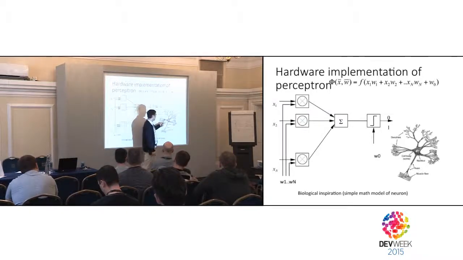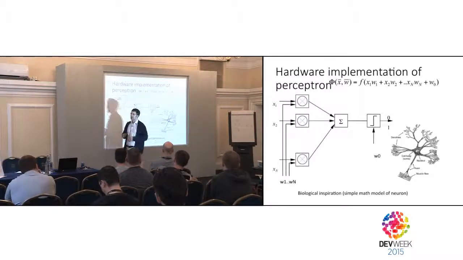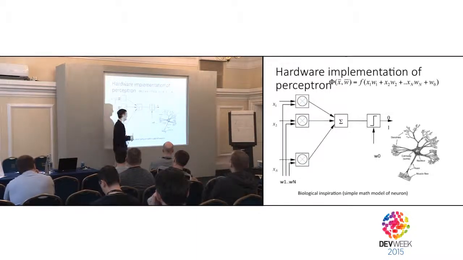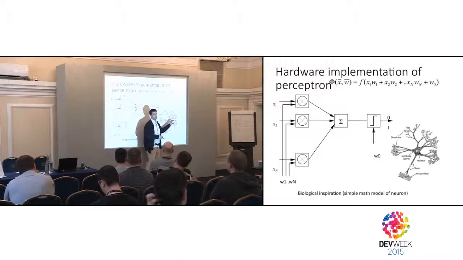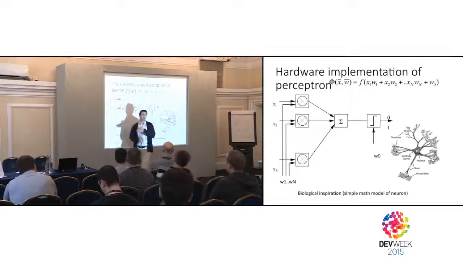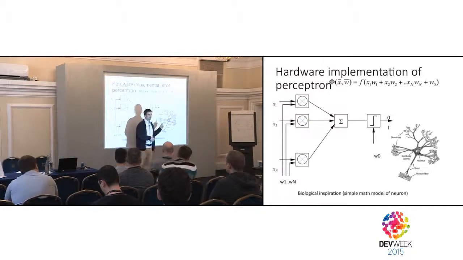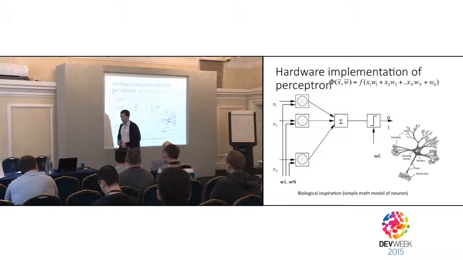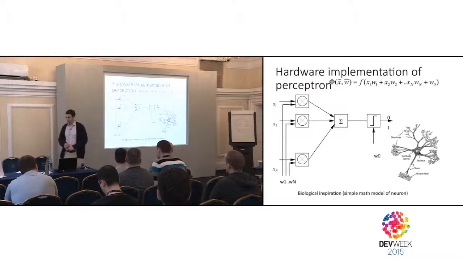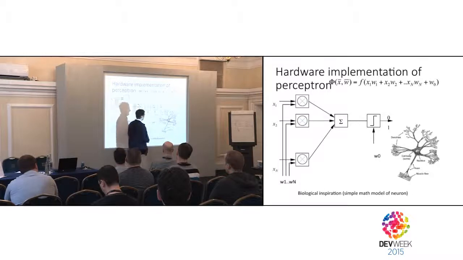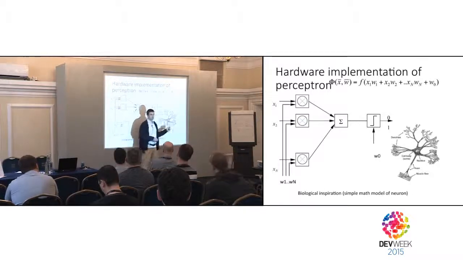And the way a neuron works is that it sums the signals from its axons until a certain point, and after a certain threshold is exceeded, the neuron starts to submit information further in the network. So in this way, our artificial neuron that we invented is close to the neurons used in human brains.